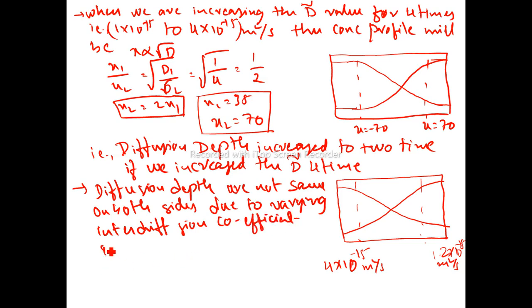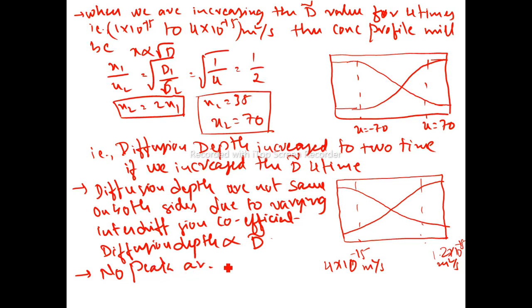That means diffusion depth is directly proportional to the diffusion coefficient, that is the D value. But one more point is that no peaks are observed. I will explain what these peaks are and what their importance is in the upcoming video.